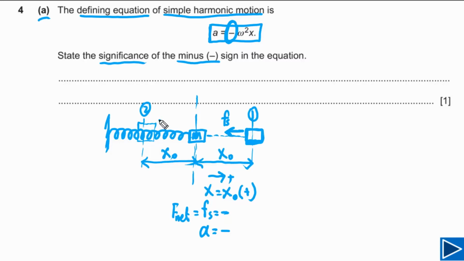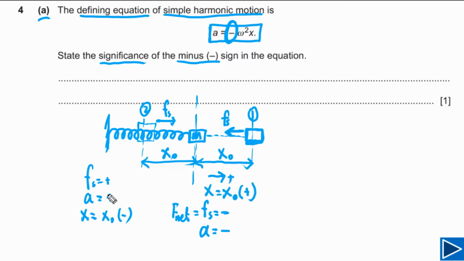If you look at this point now, when the mass is at this point, the force acting on this mass is to the right, so Fs is to the right. So we can say in this case Fs is positive. If Fs is positive, it means a is also positive, but this is on the left side, so the displacement of this mass is x naught, but this one is negative.